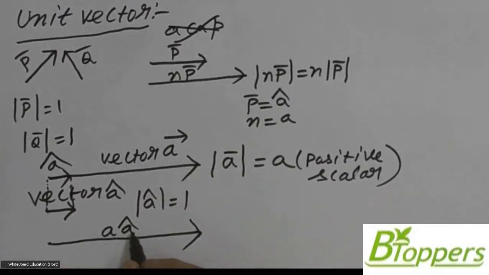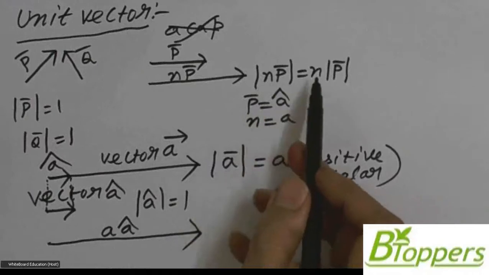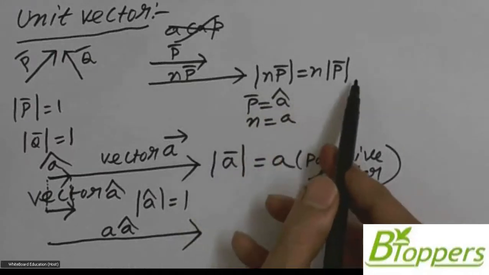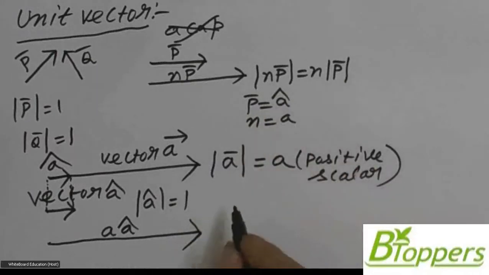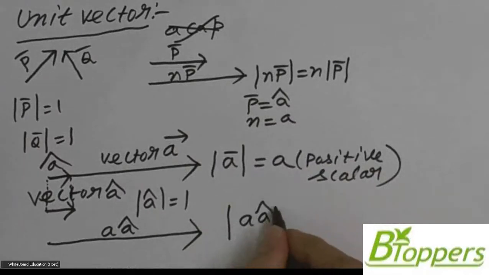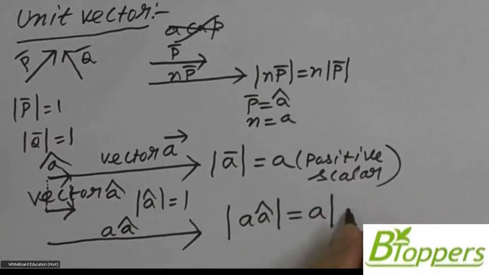That means the direction of this vector is the same as the direction of vector A cap, because A is a positive scalar, which means the direction is the same as the direction of vector A bar. Just as I have written here, modulus of NP bar is n times modulus of P bar. In a similar way, the modulus of this vector can be written as A times the modulus of A cap.